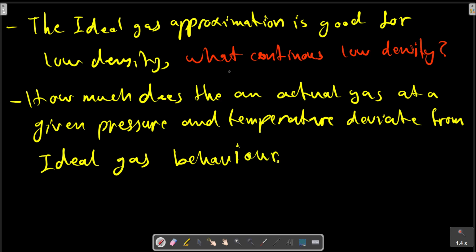So one question is about the limit of low density, and the pressure and temperature limitation for the actual gas to behave as an ideal gas.